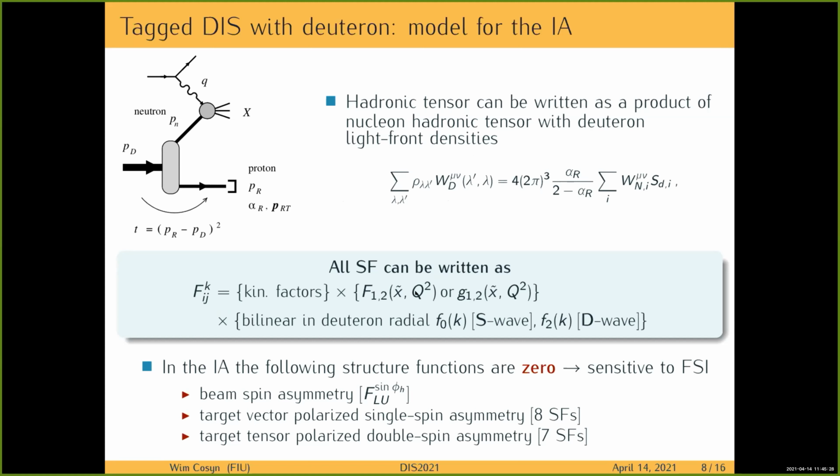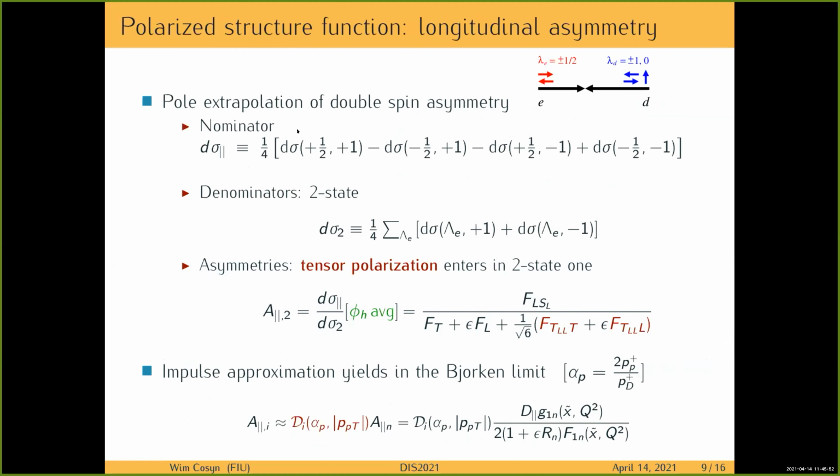If you look at the structure functions, it factorizes, so you get some kinematic factor, then some F1, F2 or G1, G2 factor on the nucleon, and then you get a bilinear in the light front S wave and D wave function of your deuteron. It turns out a whole lot of structure functions are zero, so these are sensitive to final state interaction. So it's the same story with chiral-odd structures that you get on the nucleon.